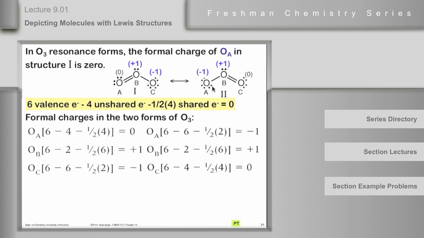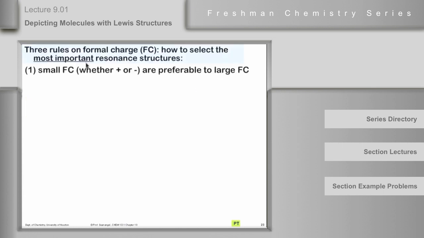Now you can see from this that both forms, both resonance forms, have the same set of formal charges. That means that they contribute exactly the same amount to the resonance hybrid, as we saw before. And I'll talk to you about the rules of what is a good formal charge and what's not so good.